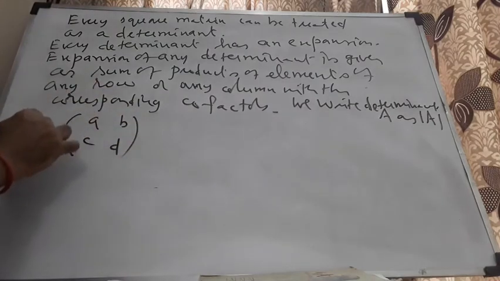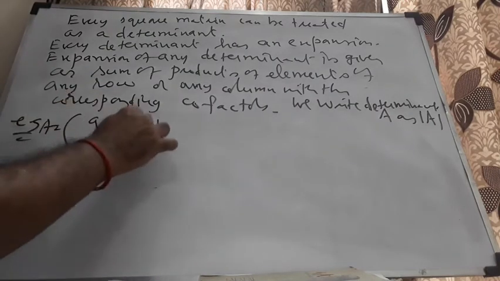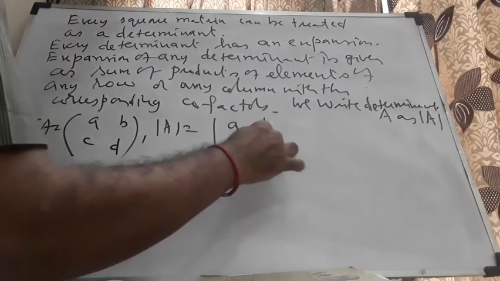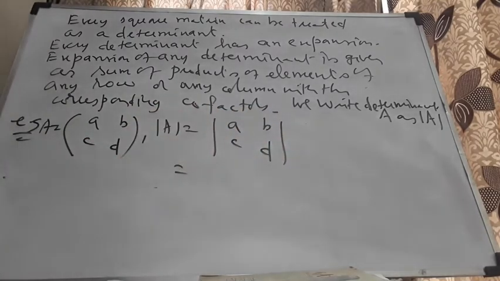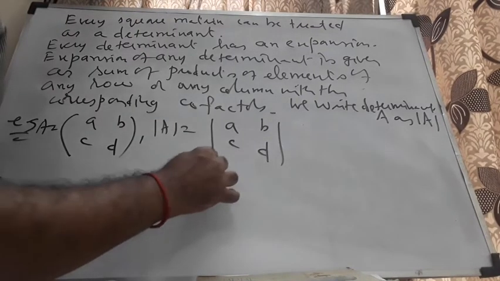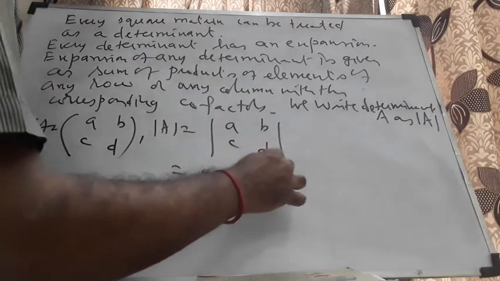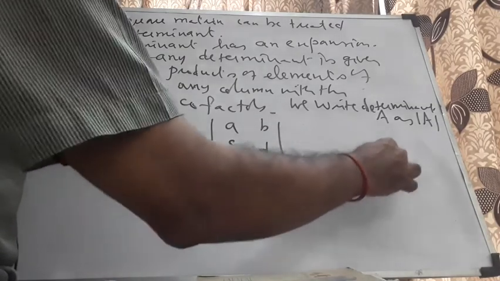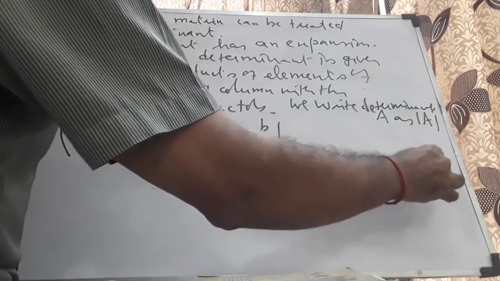Now determinant A is equal to a, b, c, d. Just listen carefully. What does the rule say? Take elements of any row or any column, multiply each element with its corresponding cofactor, and then add. Therefore, a into cofactor of a plus b into cofactor of b. That's what the rule says.